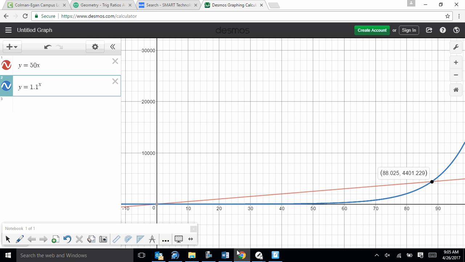So if we were looking at a situation in here, then the exponential function is less than the linear function. But at some point, it's going to cross. I mean, even if I change the exponential function to 1.01, at some point, it's going to be greater than 50 times x. It'll just be further out.